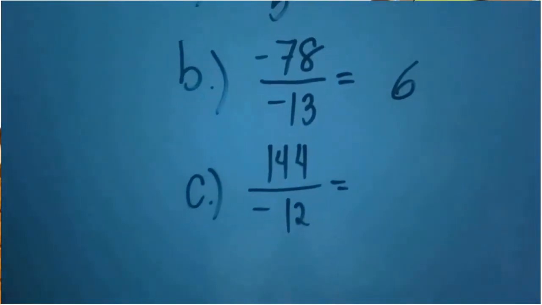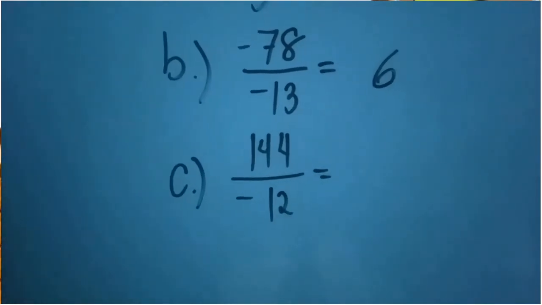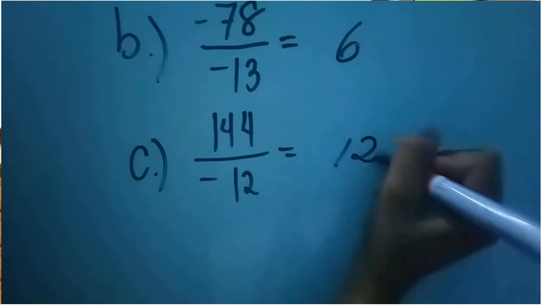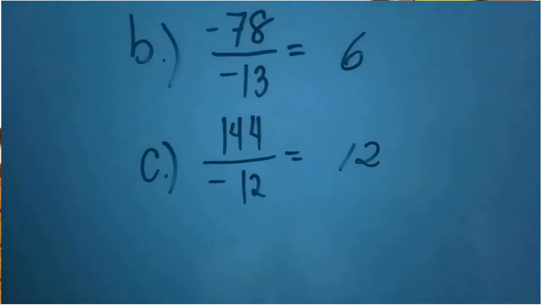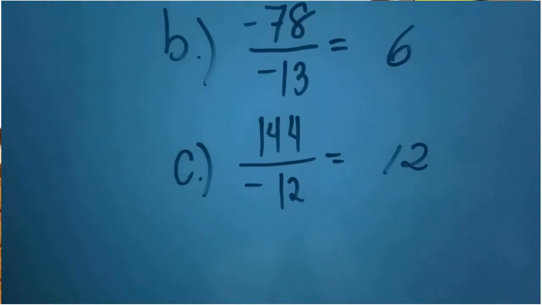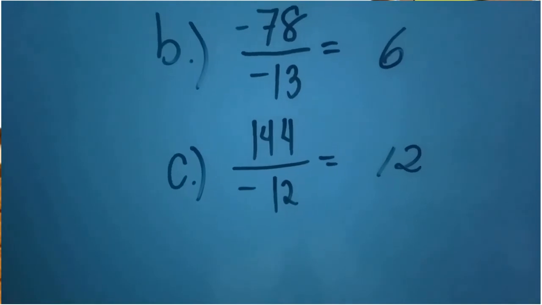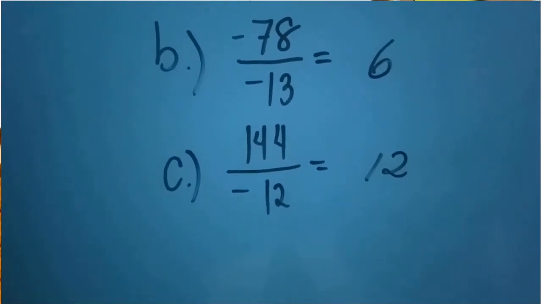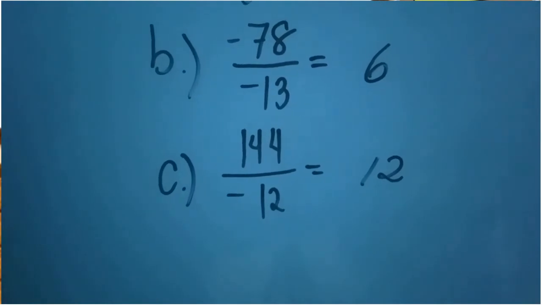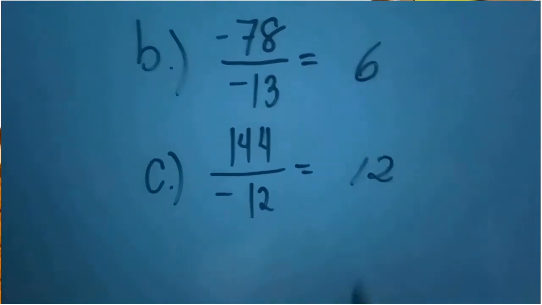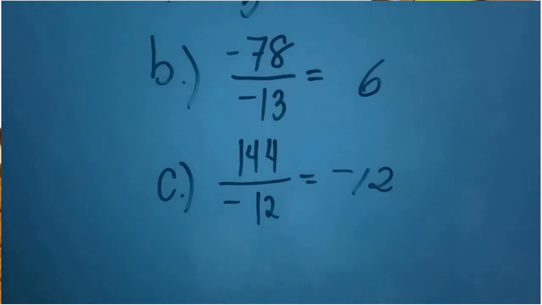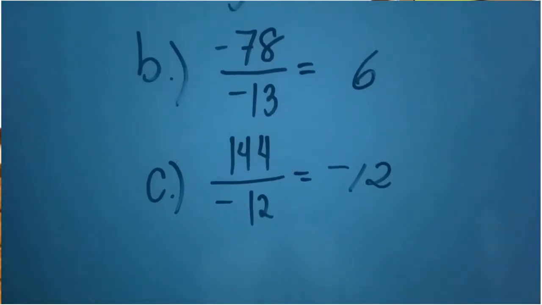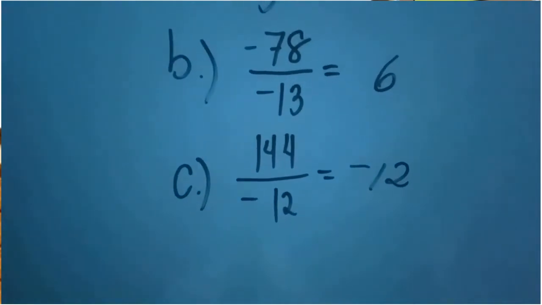And letter C, 144 divided by negative 12. In this example, you can see that they have unlike signs. Therefore, if the numbers have unlike signs, the result is always negative. So the final answer of 144 divided by negative 12 is equal to negative 12.